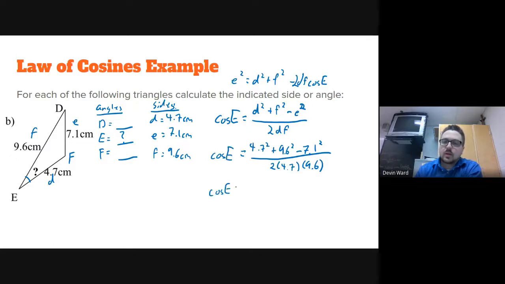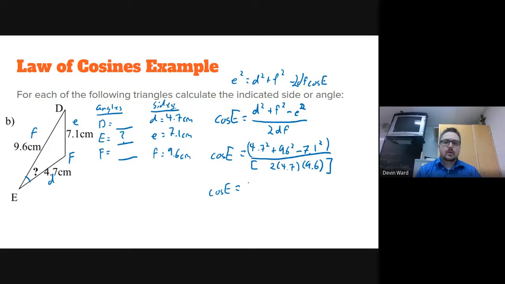Cosine of E. Punch that into your calculator. Remember, these are all hypothetically in brackets. So if you do it into your calculator, just put brackets around the numerator and the denominator, just so that it doesn't divide something too quickly.